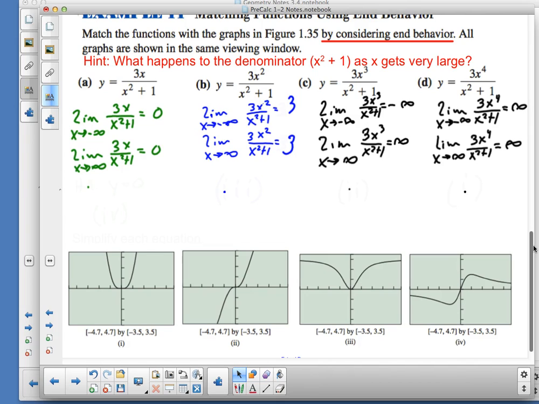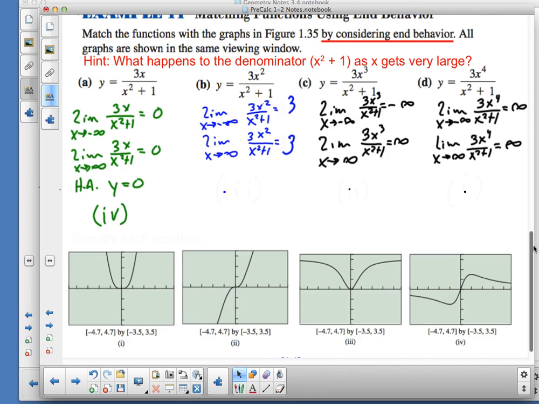Based just on end behavior, I'm thinking graph A and graph 4 go together. The horizontal asymptote is 0, so I'm looking at graph 4. Are you okay with what I did? I just started my suspicion with end behavior in the graphs.